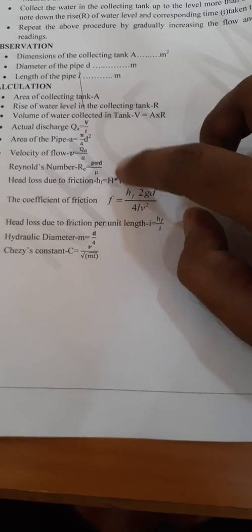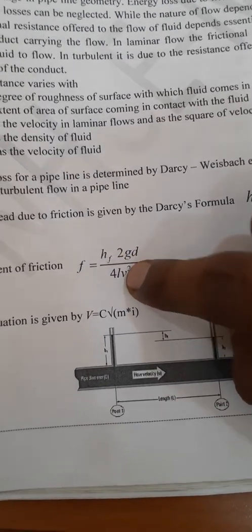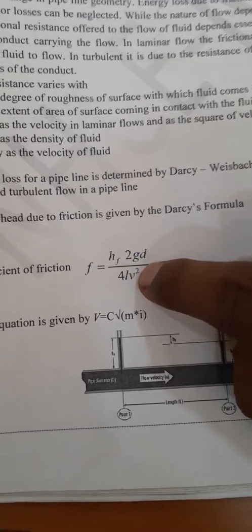This is the discharge Q. Now, in order to find velocity, you just divide discharge by area. Discharge by area is called velocity. So Q by A, where A is pi by 4 d², and the diameter is 19 mm. You will get the velocity, around 2 or 3 meters per second.